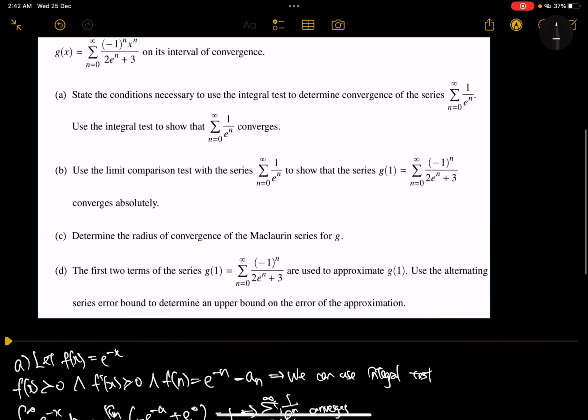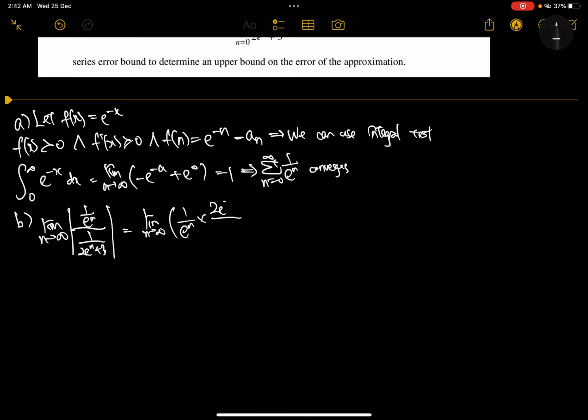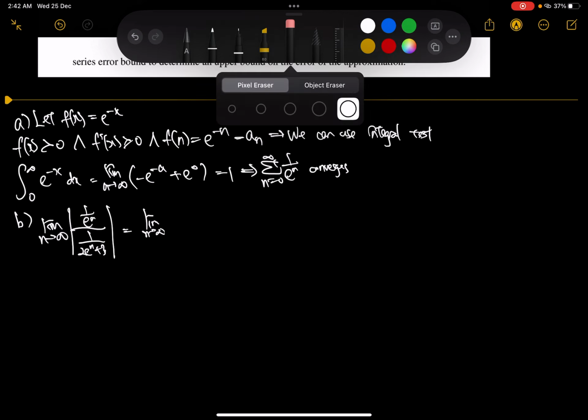In part B, we need to use the limit comparison test. So let's do exactly that. Which is the limit. Well, let's simplify that, because that looks stupid.